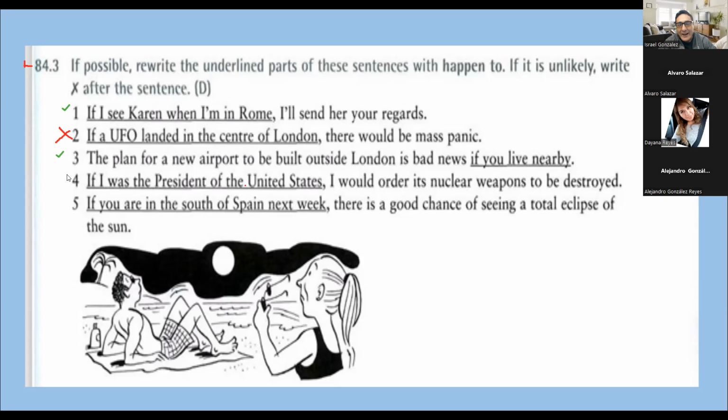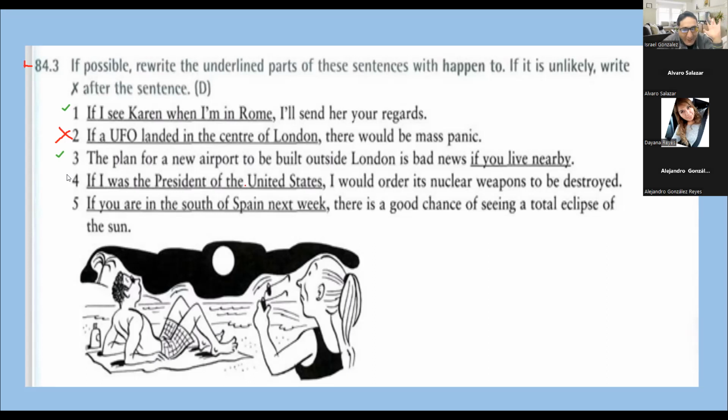Well, then number 4, Diana. Yes. If I was the president of the United States, I would order its nuclear weapons to be destroyed. In this case, they write it in second conditional because the person is not the president. But I think in this case it would depend on the person because maybe he's the vice president.